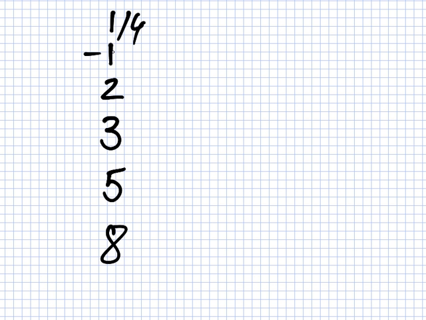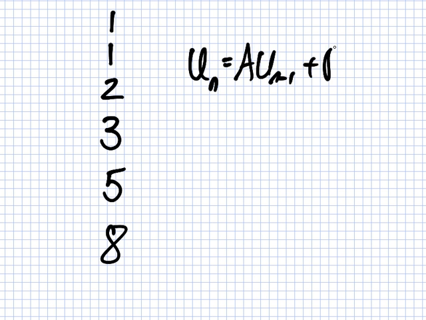Let's imagine, this is not a real example, the first 6 numbers are 1, 1, 2, 3, 5, 8. I know this is a simple one that we did in class. Your numbers could be something like 1 over 4 minus 1, whatever, but that doesn't change what you have to do. Any ideas on how we could find the A and the B?